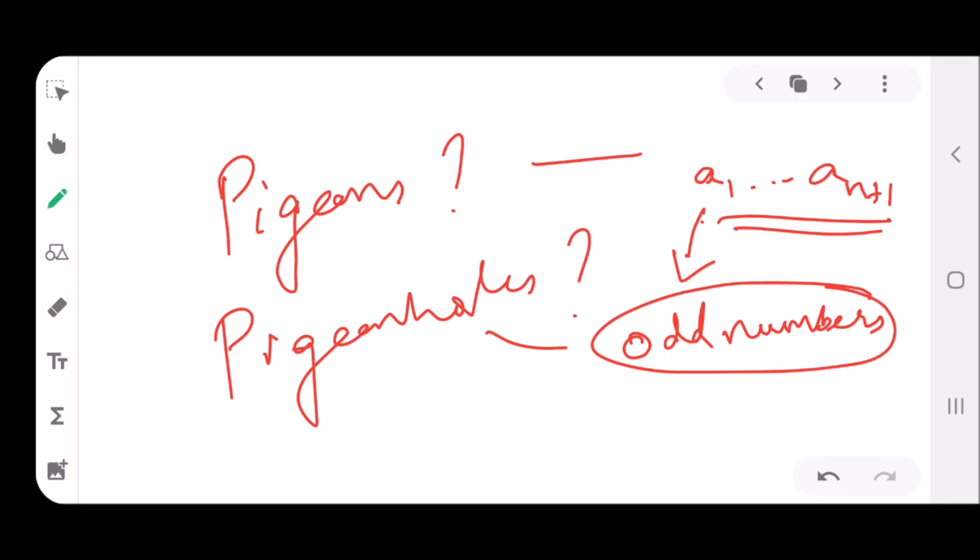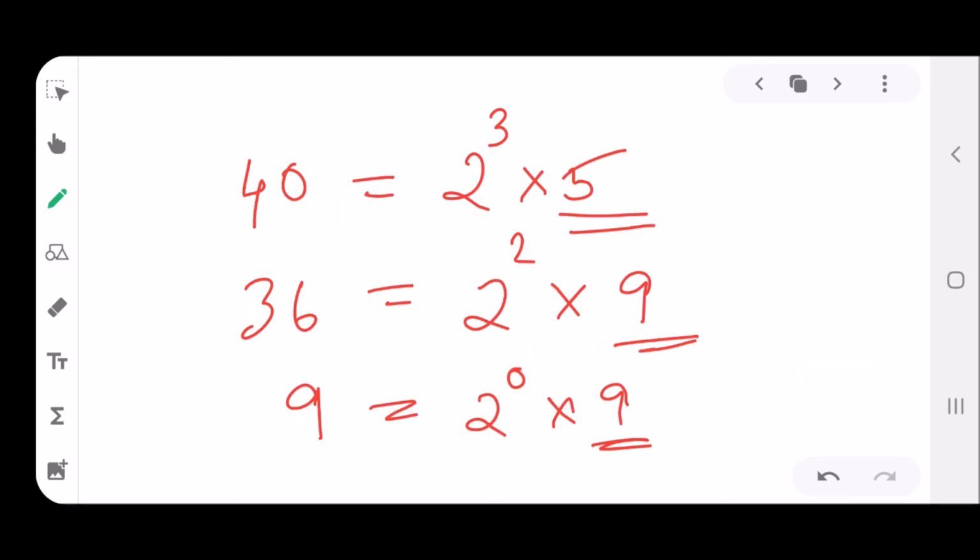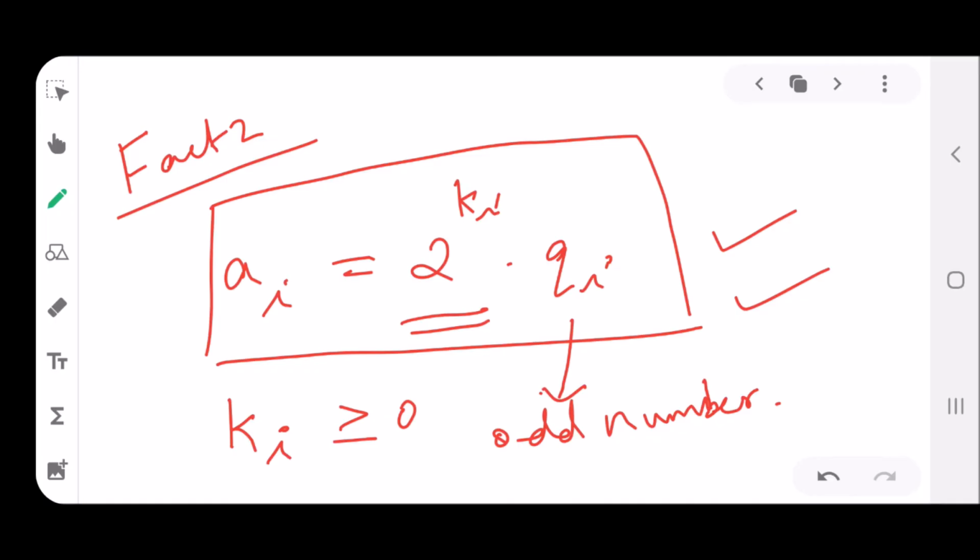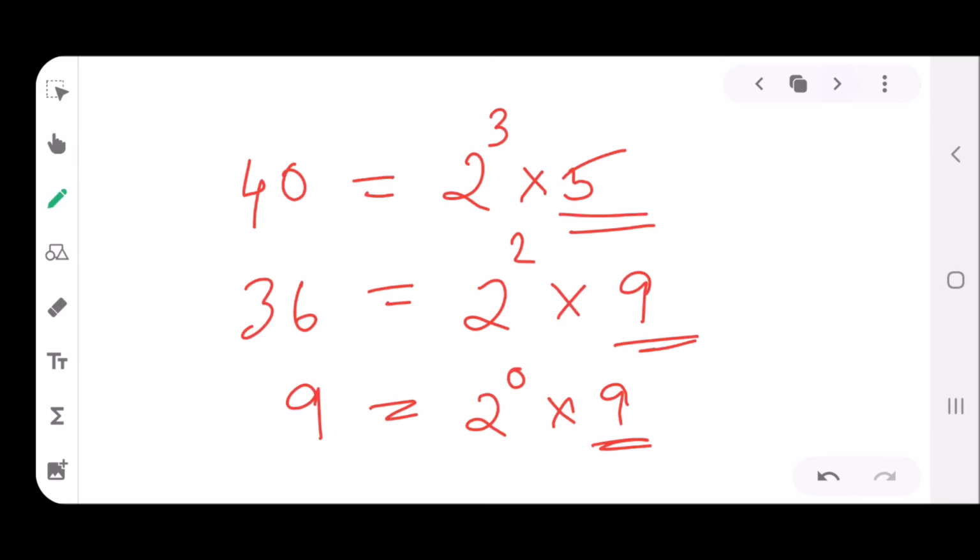So the pigeons are the ai, and the pigeonholes are these odd numbers qi. How many pigeonholes are there?